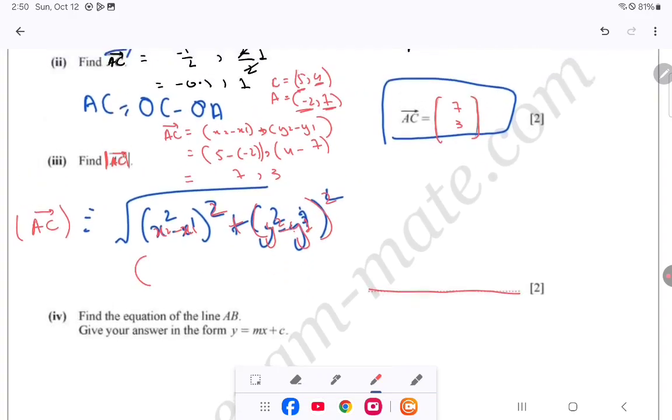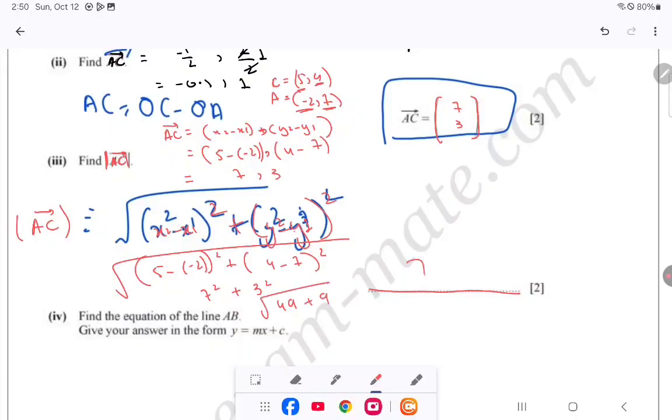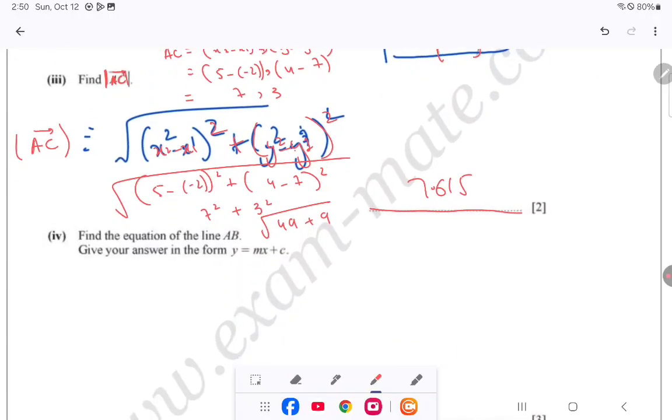Put the values of x2 and x1. x2 is 5 minus x1 is negative of 2 whole square plus y2 is 4 minus y1 is 7 square, the whole under root. 7 square plus 3 square, 49 plus 9, and it will give you a value of 7.615 something. This is our answer of the magnitude of AC line.